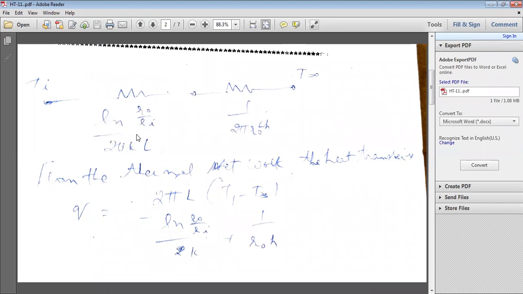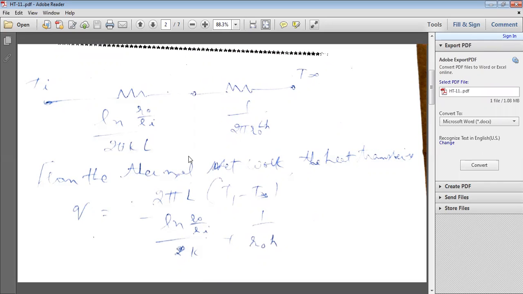The resistance offered by the insulating material is Ln Ro by Ri divided by 2 pi KL. 2 is constant, pi is constant, K is the thermal conductivity of the insulating material, and L is the length of the pipe.